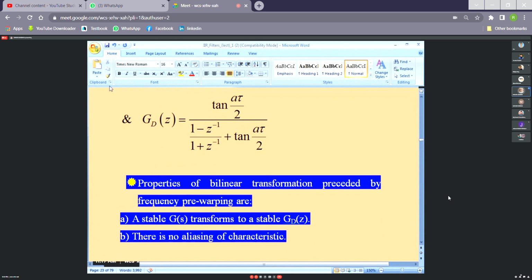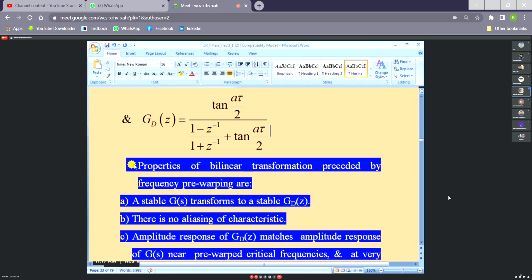Quickly write down these properties of bilinear transformation preceded by frequency pre-warping. Stable G(s) transforms to stable Gd(Z). There is no aliasing of characteristic.